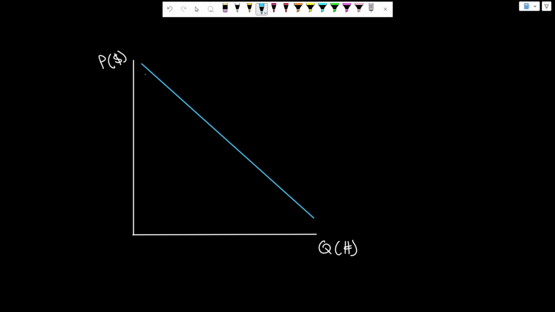The demand curve, as you remember, is always sloping downwards. So you can see this slopes downwards. And like we said, the entire line is what we call the demand curve. And the difference is a point on the line is what we call the quantity of demand.